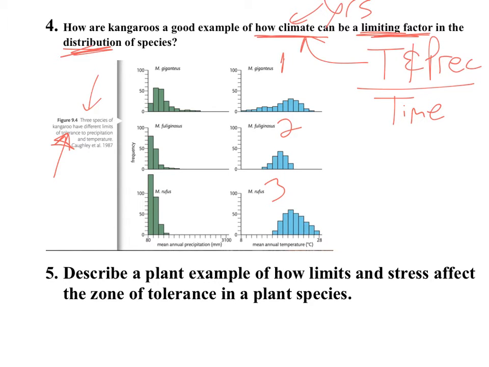So let's see our annual precipitation tolerance for some species is better than others.